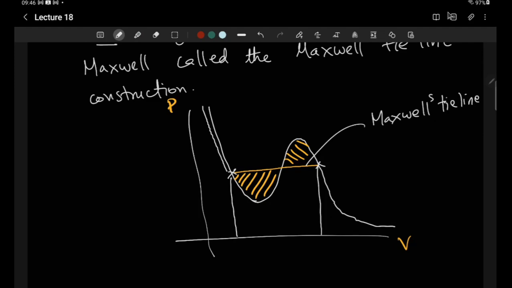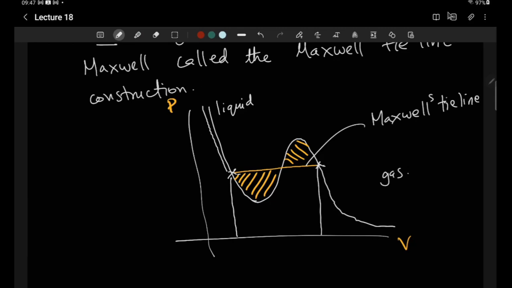So this is liquid and this is gas. There is a jump, and we know that the specific volumes, if you wish, of liquid and gas are not the same. So there's a discontinuity, and you jump here, and you come out here.